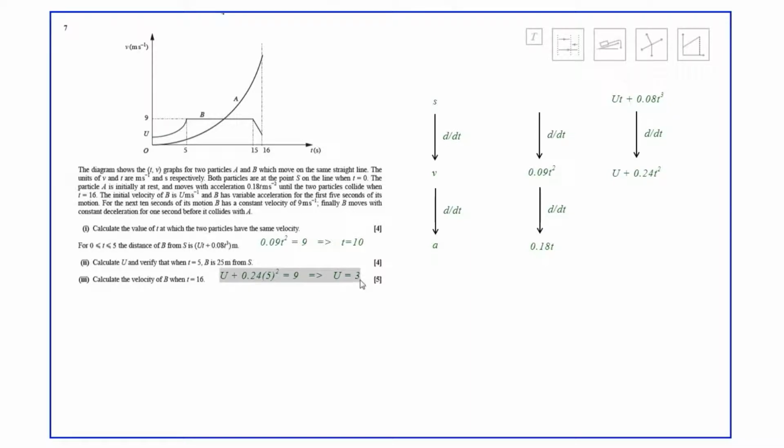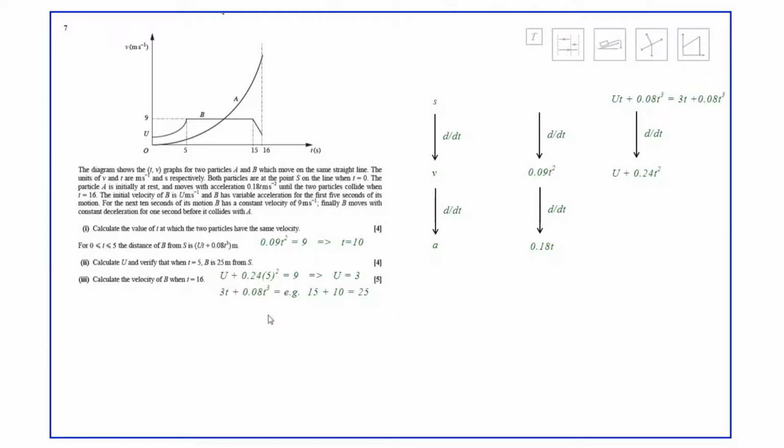And then we can verify, as we're asked to. We can now plug 5 into the displacement function, because we've got a more complete statement of the displacement. We know u is 3, so we can say 3t plus 0.08 t cubed.